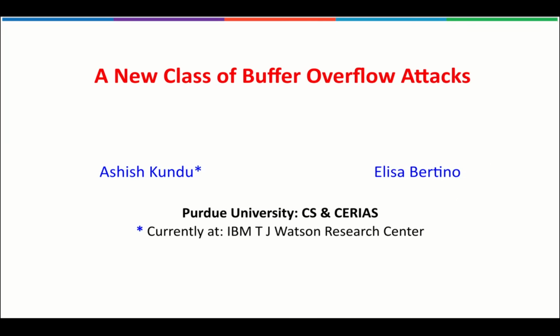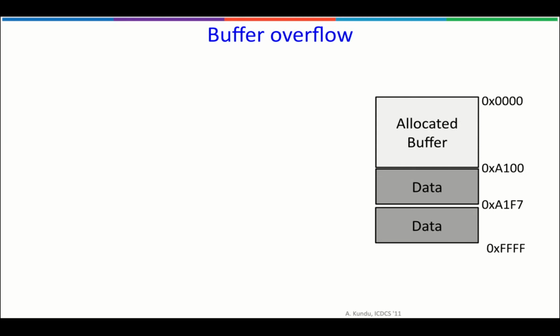If you look at buffer overflow, I hope you know what buffer overflow is. You look at a buffer, either in the stack or heap. Now we understand what the stack and heap are. So we look at the buffer here.